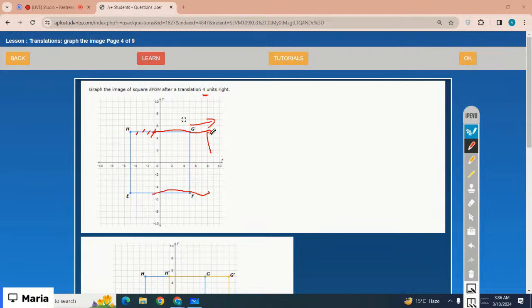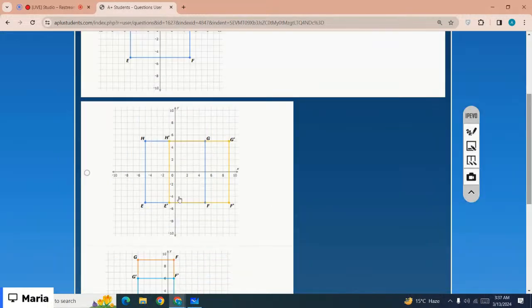So this is the new one. Option number one is the correct option, right? You have to move all the 4 points to the right 4 units, right? Got it? So just look at this one. This is the correct option.